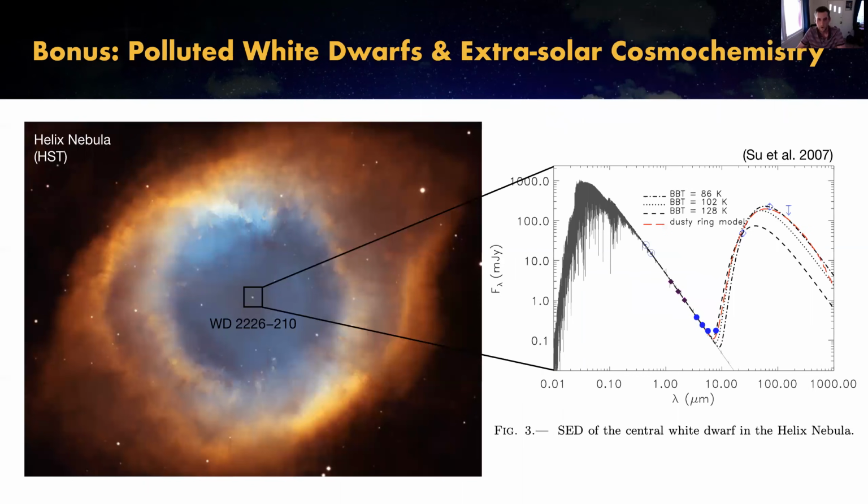So almost there, but as a bonus, I'm glad I didn't run out of time. I want to talk about white dwarfs because I think this is super cool. So when a star dies, right, a fairly low mass star, it leaves a planetary nebula and a white dwarf. And some of these white dwarfs, like this one, have a debris disk around them.